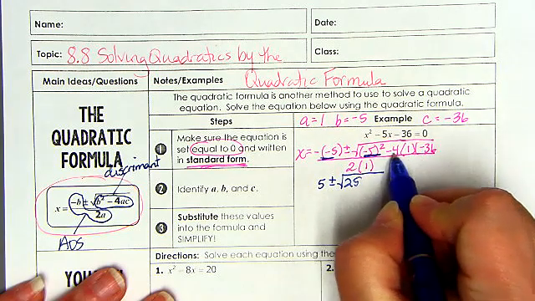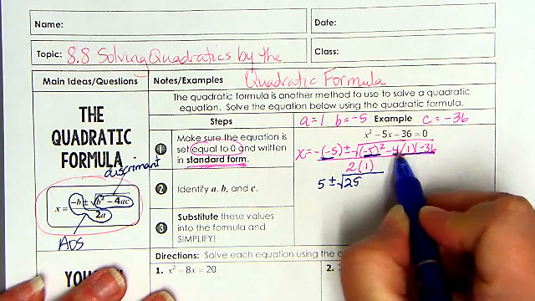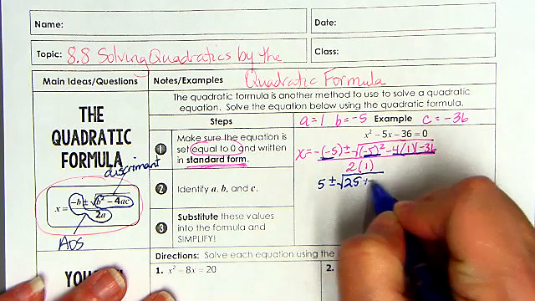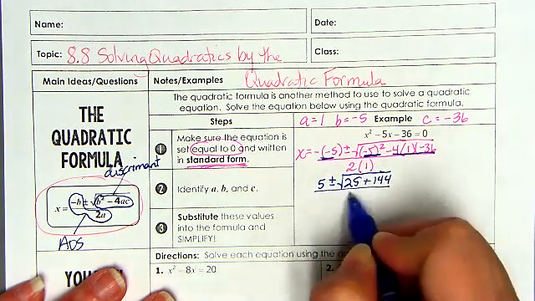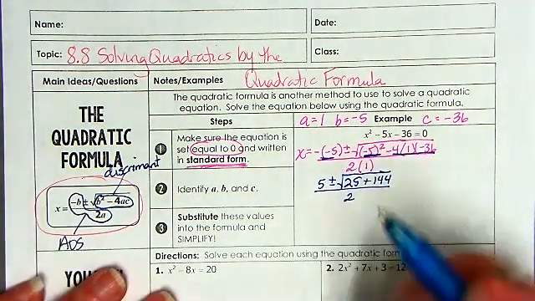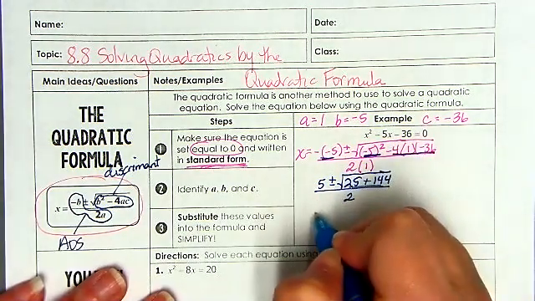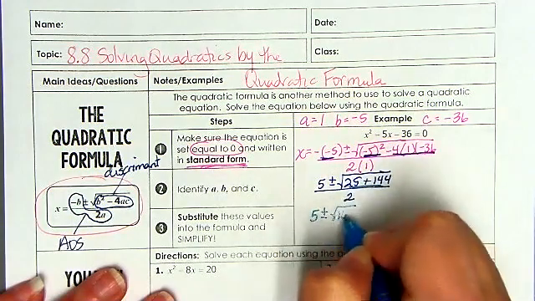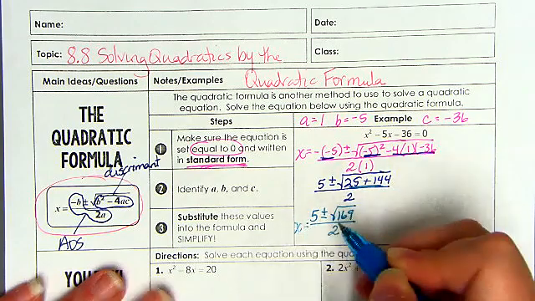And now here I can do all three of these. -4 times 1 is -4. -4 times -36, I can punch it in the calculator and get that that's going to be +144, all over 2. And now we're going to combine what's underneath the radical. So I'm going to have 5 plus or minus the square root of 169 all over 2. So I've got x equals this.